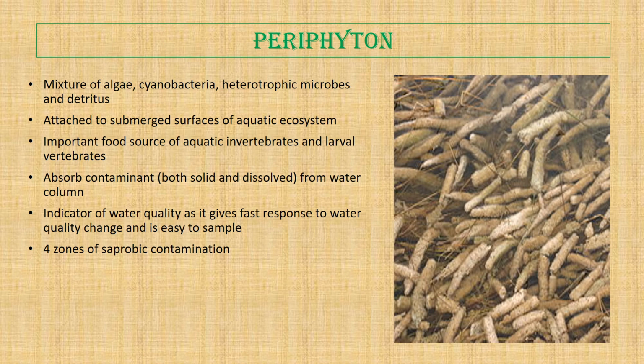Any submerged object with a film of organic material on it is periphyton. For determining the saprobic index, we take out the periphyton from a high water flowing region of the river, we take out the layer with the help of a toothbrush or knife, and we analyze the periphytonic species.